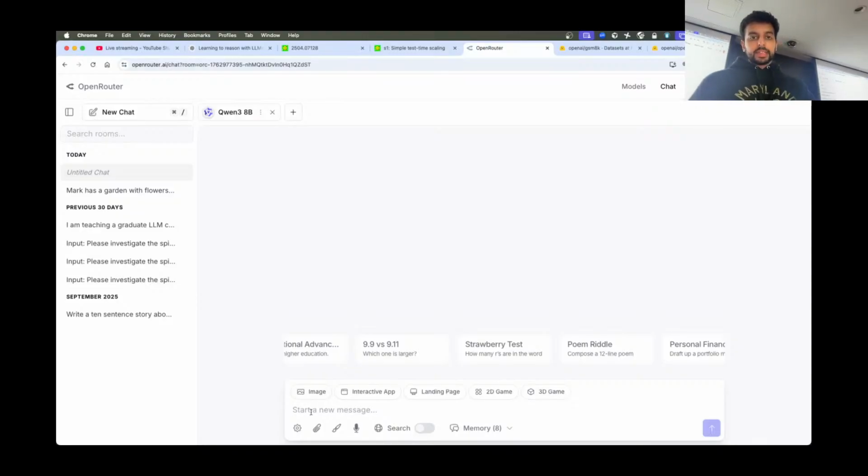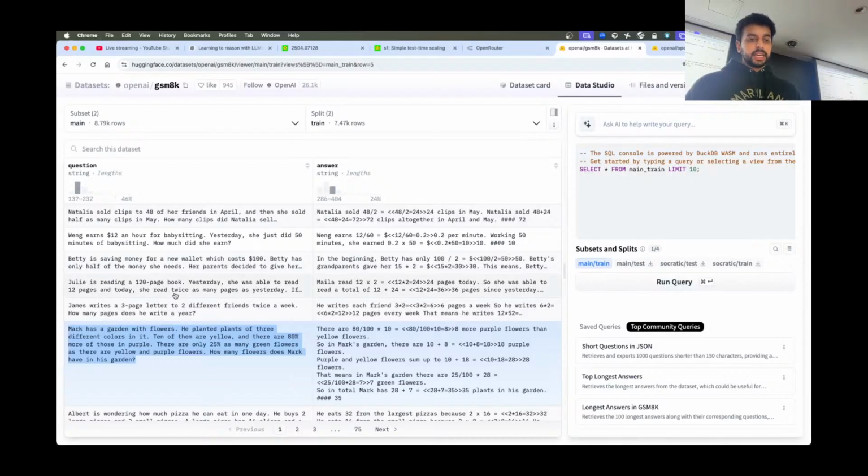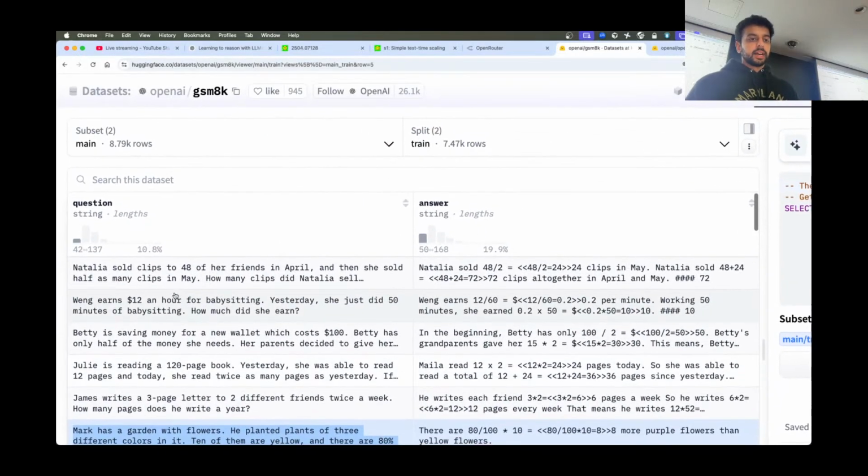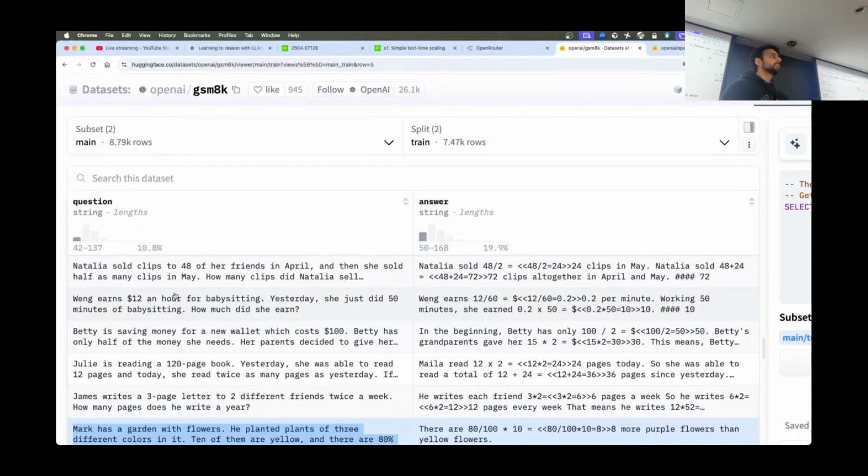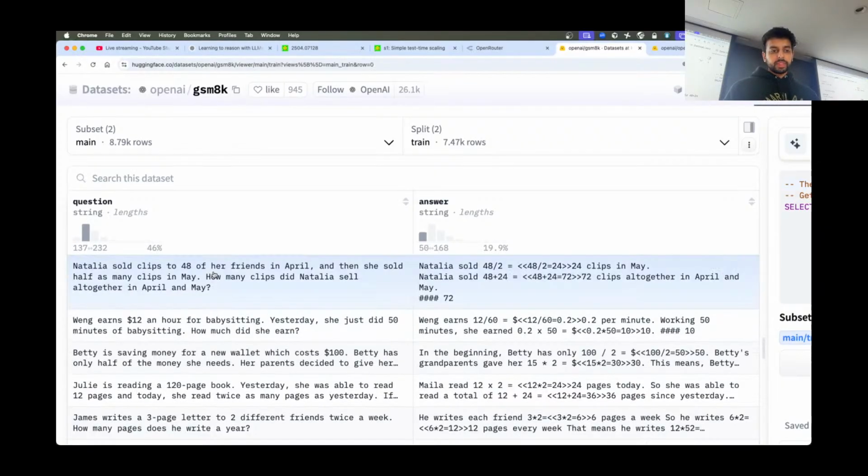But this is an example from the GSM8K dataset. This is released by OpenAI. GSM stands for Grade School Math, so these are very simple math problems. You can see here, Natalia sold clips to 48 of her friends in April and then sold half as many clips in May.